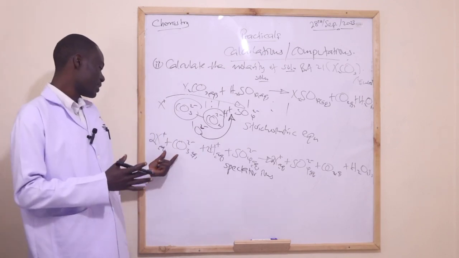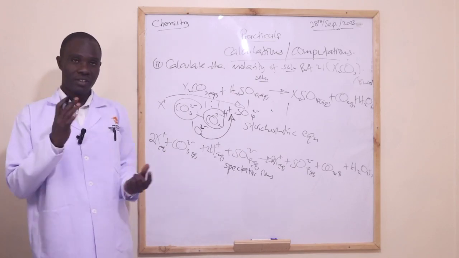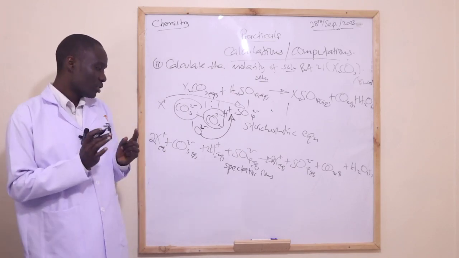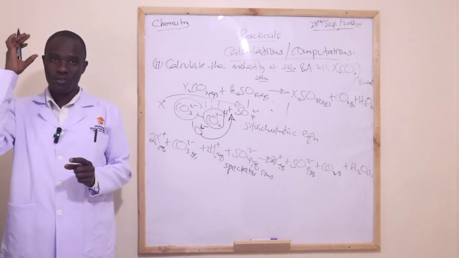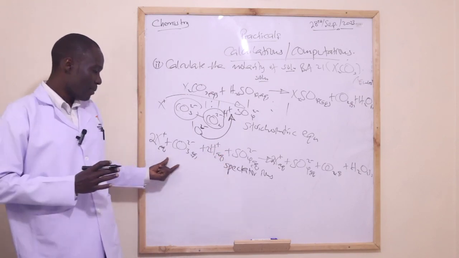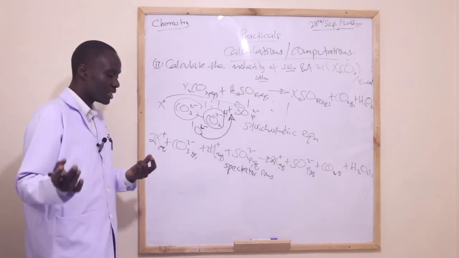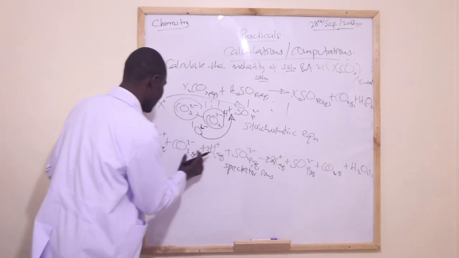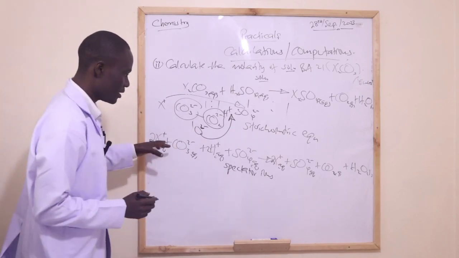Number two, they must be able to be in aqueous state. And number three, the atoms or ions must be of the same element, the same elements or the same molecules. So in this case, those which qualify are this one.